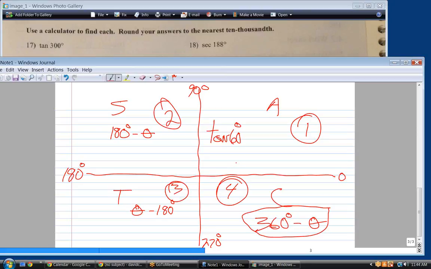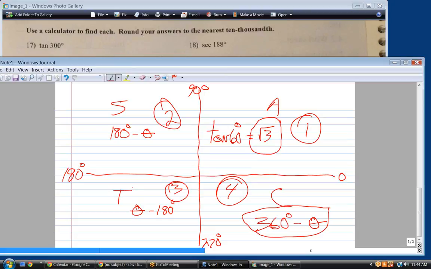If we went back and looked at our 30-60 triangle, we would discover it's square root of 3. Now, that's the answer, only I have to make sure that the plus or minus sign is on it. In the 4th quadrant, what is tangent, plus or minus?